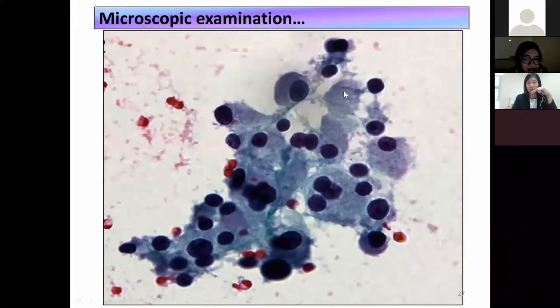But in other areas, we find very round dark nuclei with abundant granular cytoplasm. So it makes us wonder whether we're dealing with a follicular neoplasia or a papillary thyroid carcinoma, oncocytic variant.